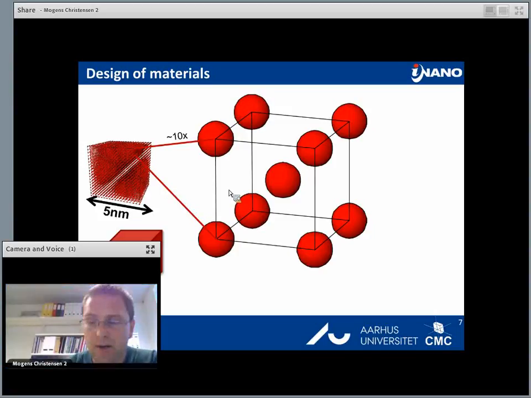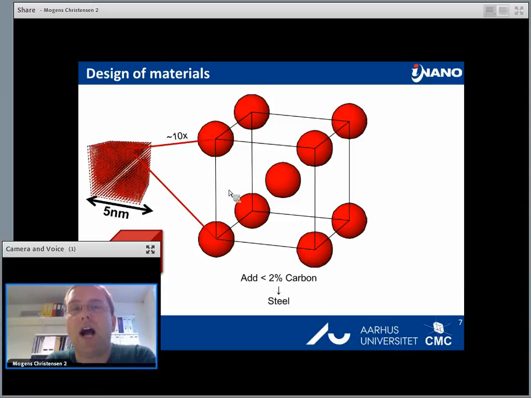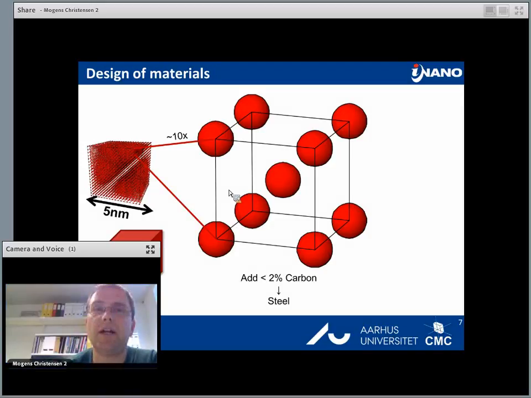Now, what's interesting about iron? Well, if we add just 2% of carbon, we can completely change the properties of the material, and it turns into steel that is corrosion free and has quite different elastic properties compared to iron.